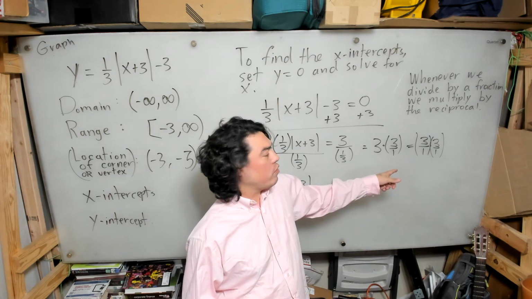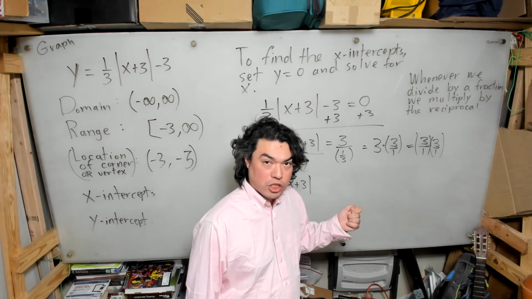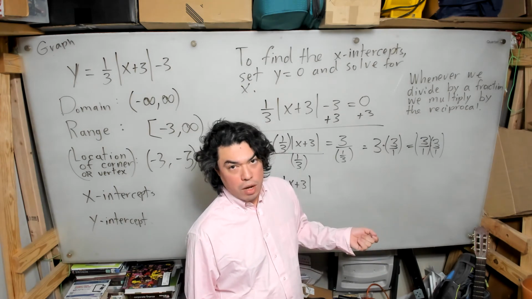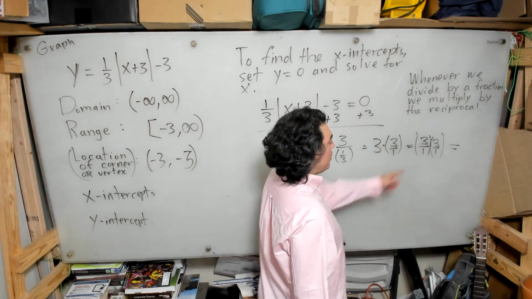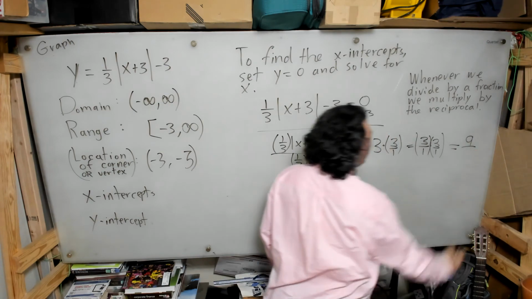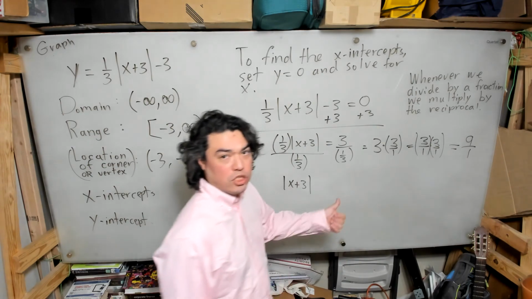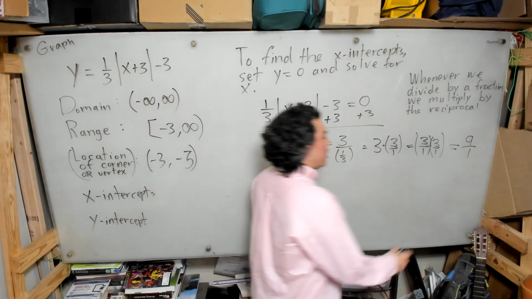The product of two fractions is the fraction whose numerator is the product of the numerators of the fractions being multiplied and whose denominator is the product of the denominators of the fractions being multiplied. To put it simply, I just multiply the numerators. So 3 times 3 is 9. And I multiply the denominators. 1 times 1 is 1. And then, whenever I have a fraction whose denominator is 1, that fraction is equal to the numerator, in this case 9.